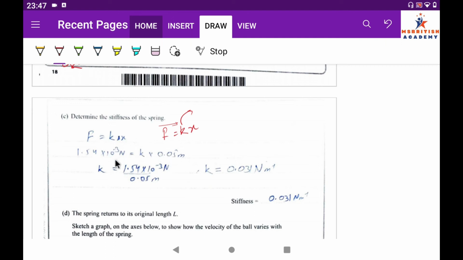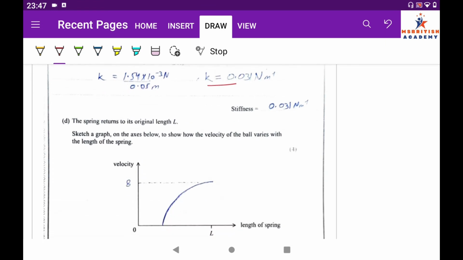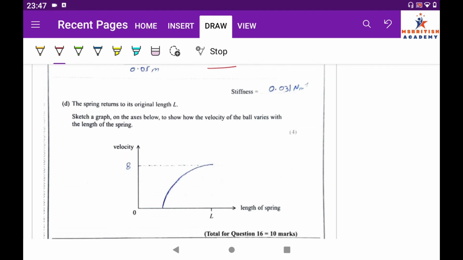So after calculating force divided by 0.05 meter, we will get the stiffness constant, that is 0.031 newton per meter.